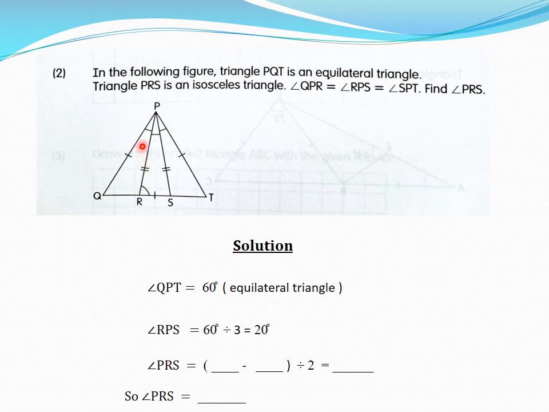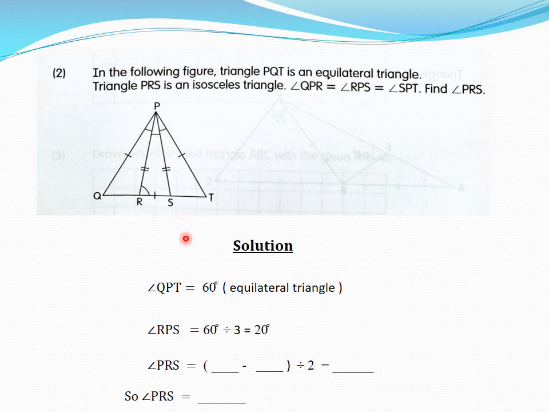Because one side equals 20 degrees, two sides equal 40 degrees, and three sides equal 60 degrees. If we don't know about the angle inside the vertex angle P, how can we find the angle R or S? Because PRS is the isosceles triangle, we need to know the vertex angle P.